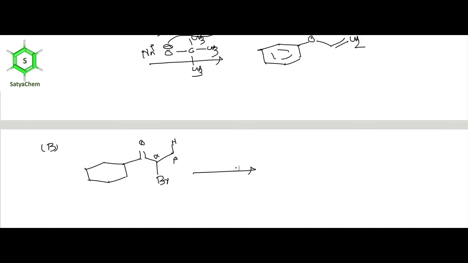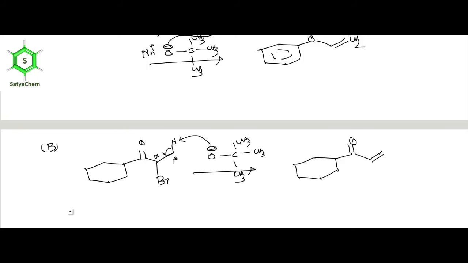Again, tertiary butoxide can easily abstract the beta hydrogen and we get the corresponding alkene, and that alkene decolorizes the bromine water.